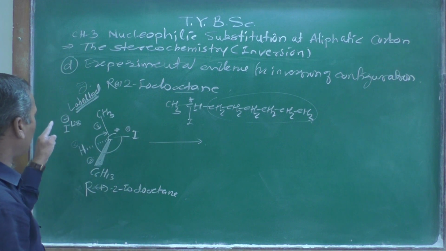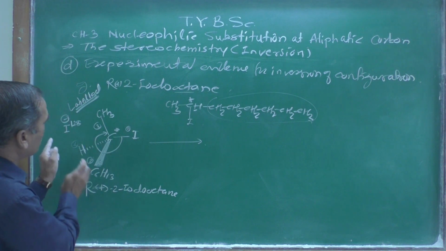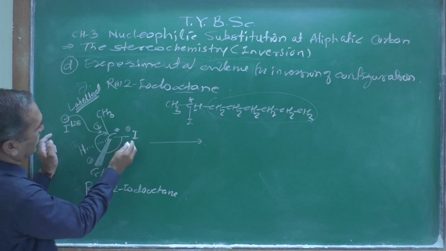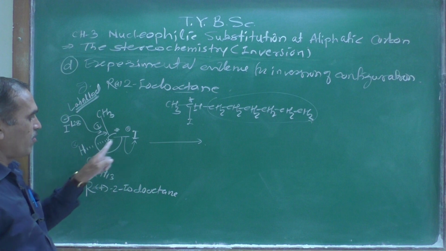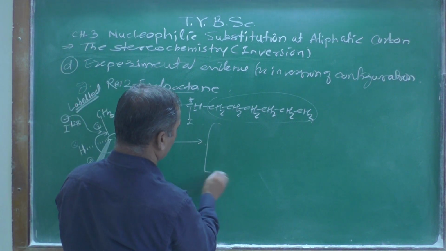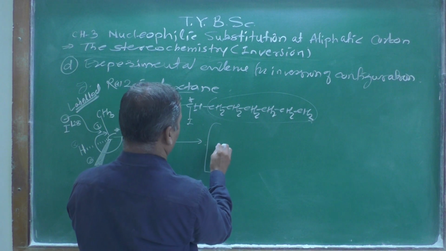During that, what is happening? This is a nucleophile, and this nucleophile approaches from the back side. There is a departure of this iodine, and you are going to get the transition state over here.